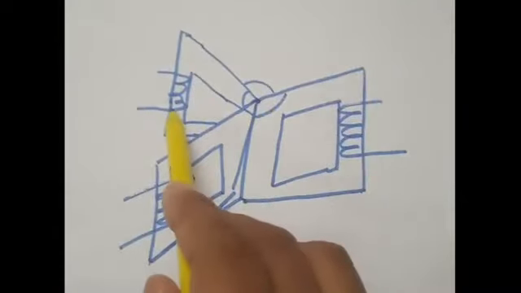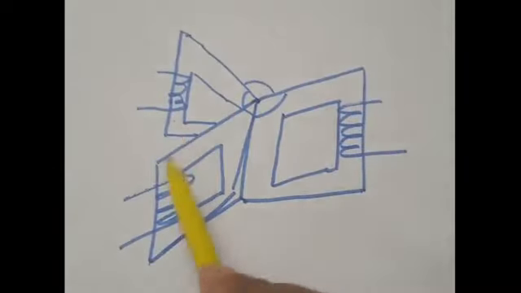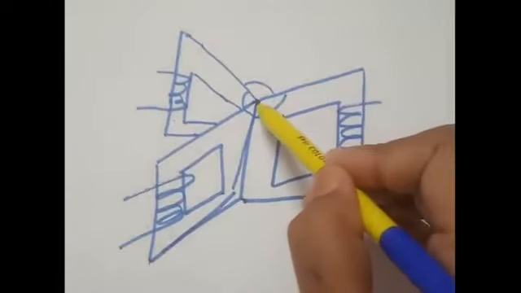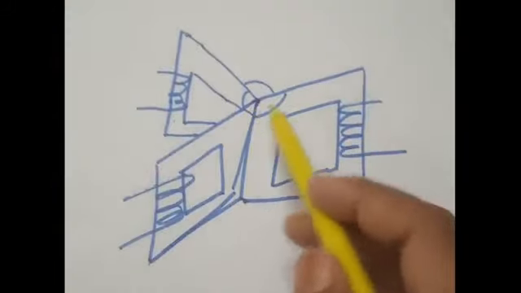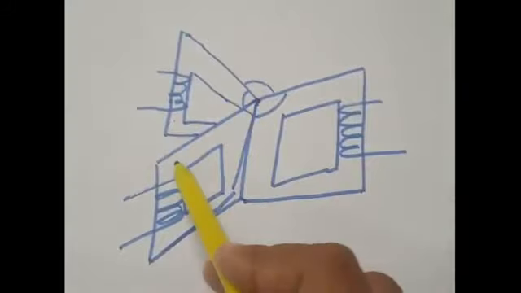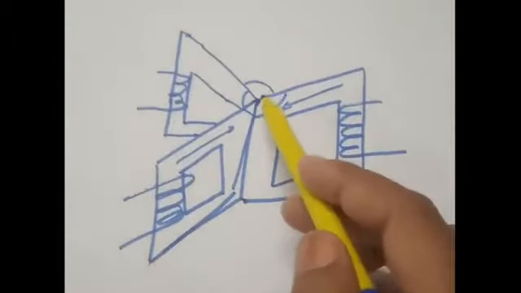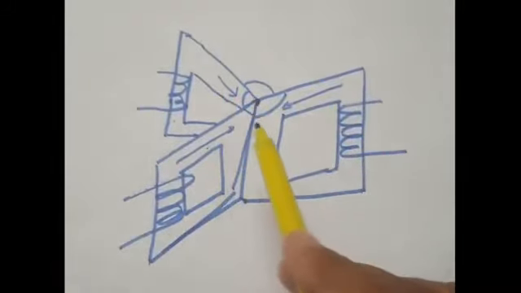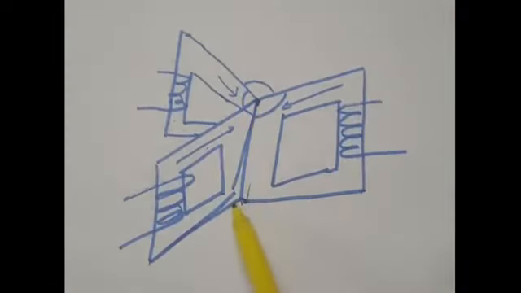When the flux associated with each coil flows in this steel plate, the total magnetic flux here is 0, because the magnetic flux comes from here, from here, and from here also, and this will pass through the common line. As this is coming from these 3 points, the coming magnetic flux will pass through the central line.